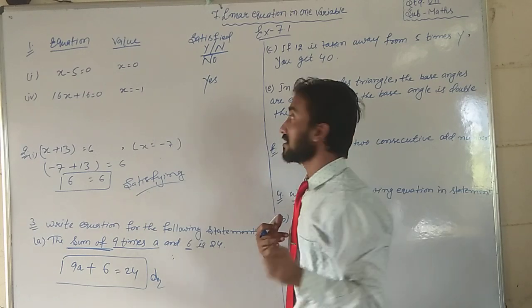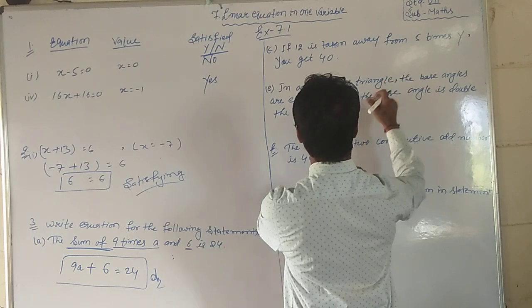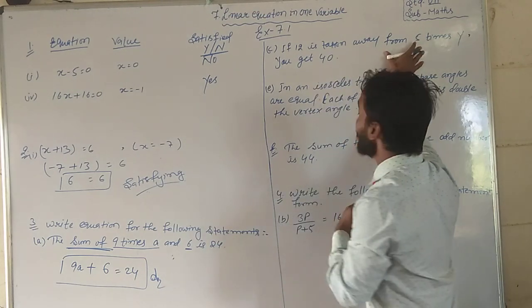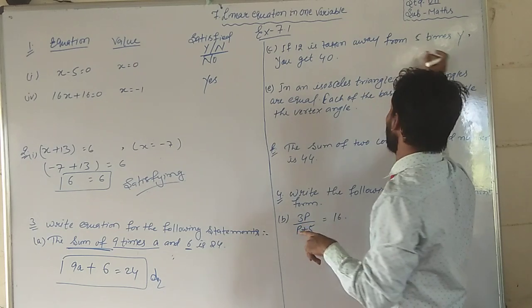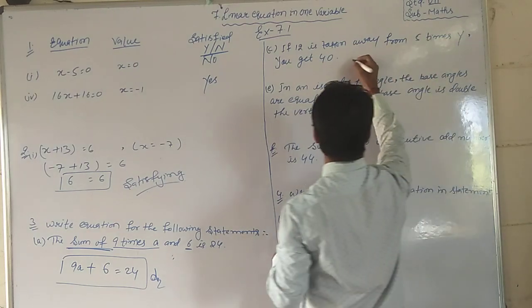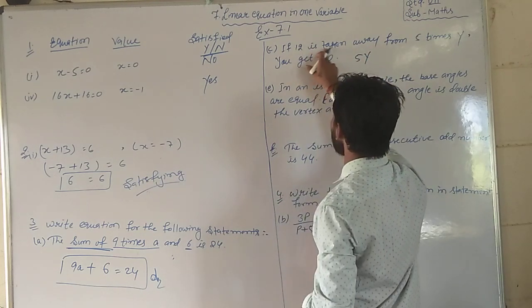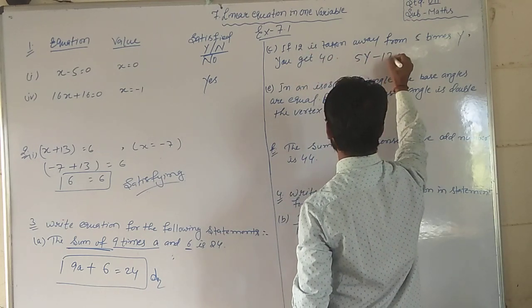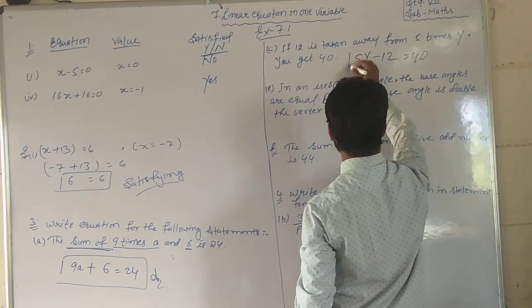If 12 is taken away from 5 times y, you know very well in subtraction it comes first: 5 times y means 5y, minus what is taken away, 12. 5y minus 12 is equal to 40.